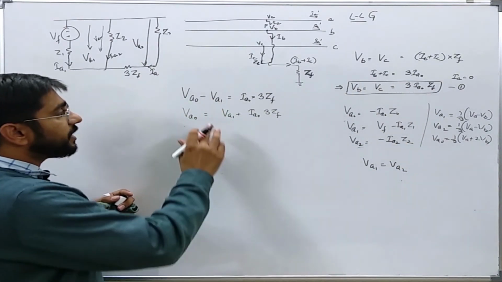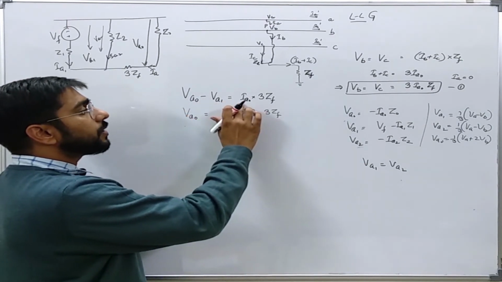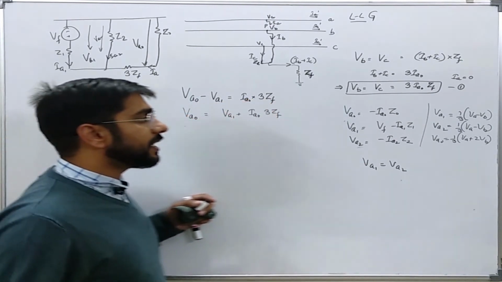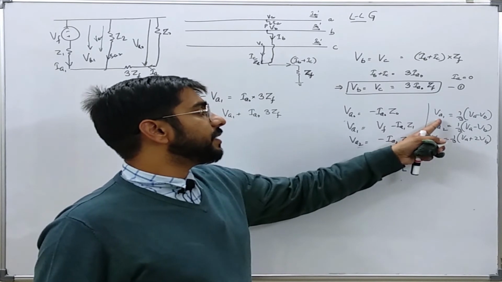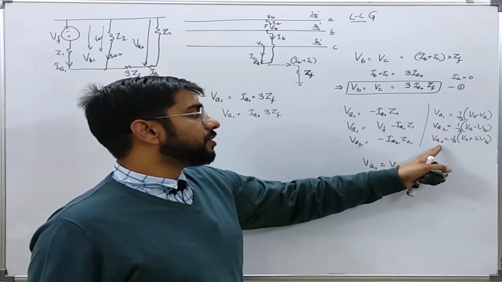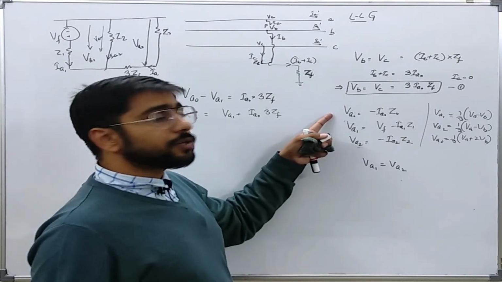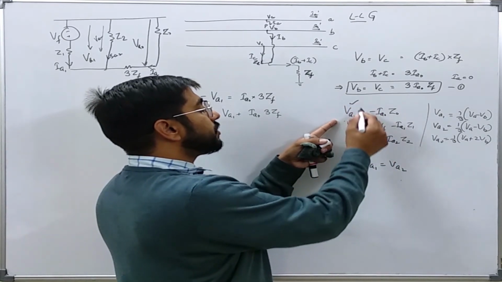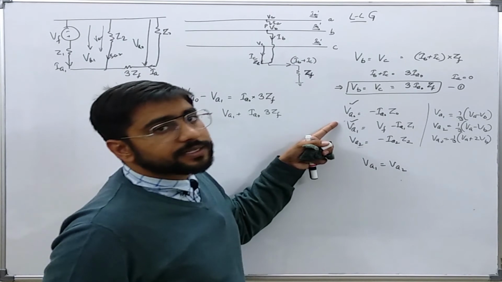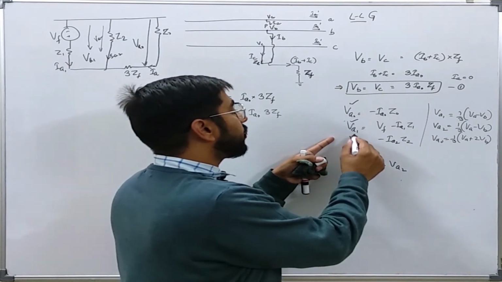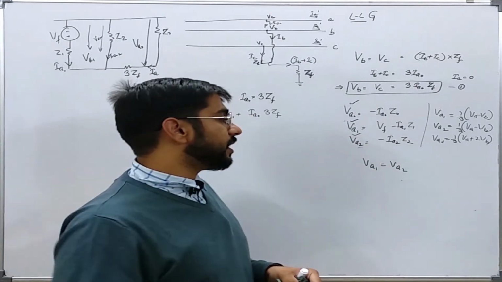Now we have seen that VA0 minus VA1 is equal to IA0 into 3 times ZF. We have also seen that VA1 is equal to VA2 and VA0 is equal to 1 by 3 (VA plus 2 VB). We know that VA0 can be written as minus IA0 Z0, VA1 can be written as VF minus IA1 Z1, and VA2 can be written as minus IA2 Z2.